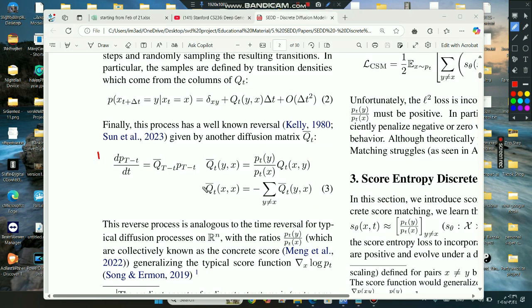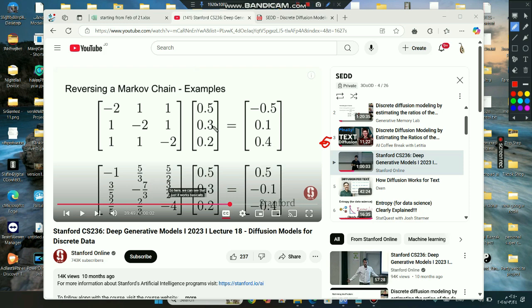Again, let's focus on the second relationship, which is evaluating the probability of the token remaining as is, which represents the diagonal in the matrix. In order to find these diagonal elements, we will sum all the other elements in the row and add a minus sign.